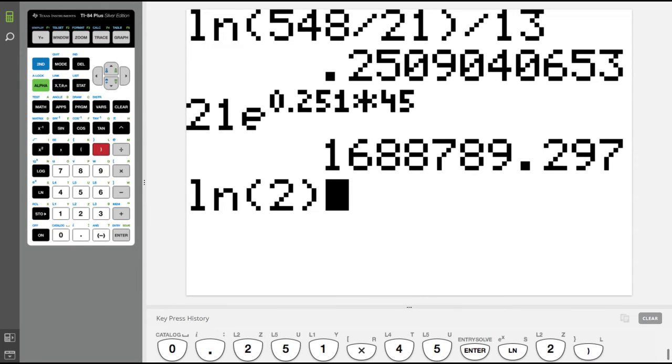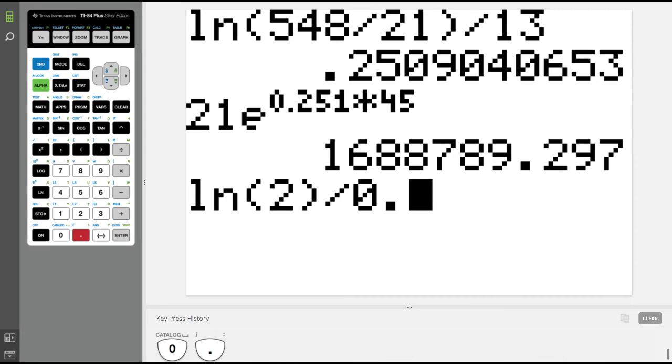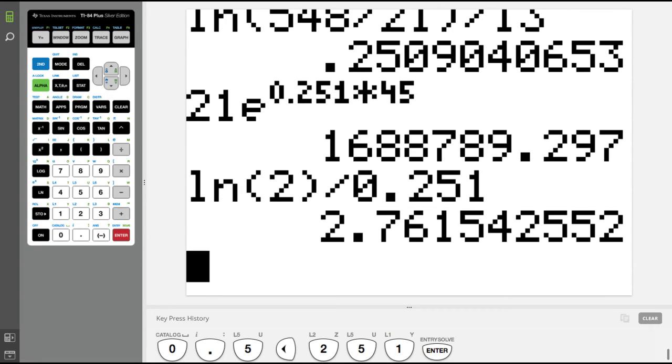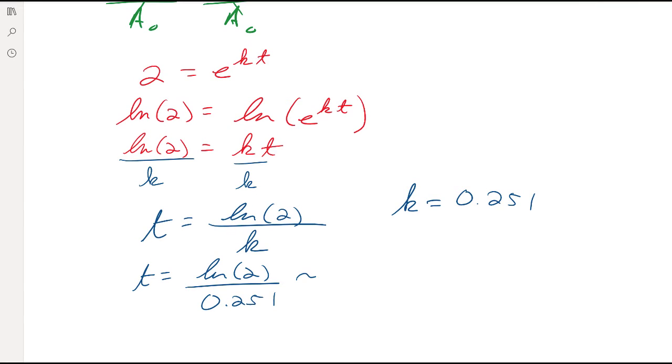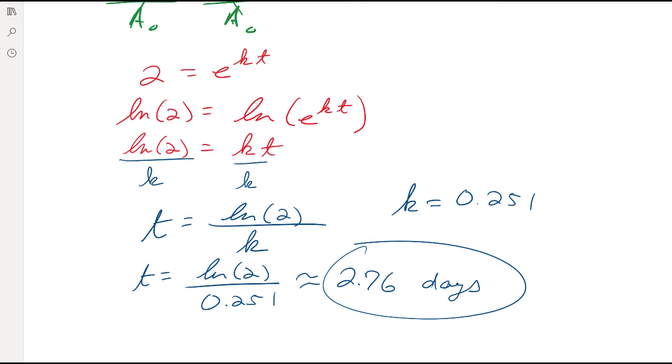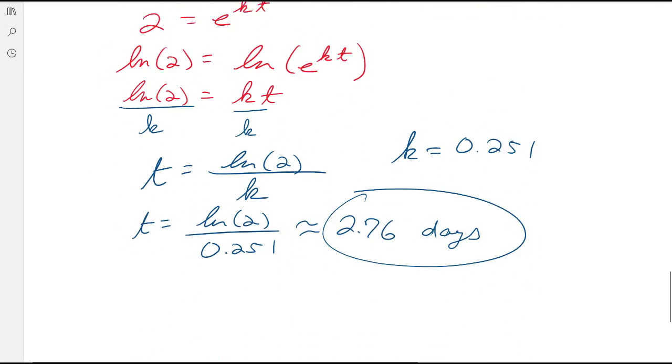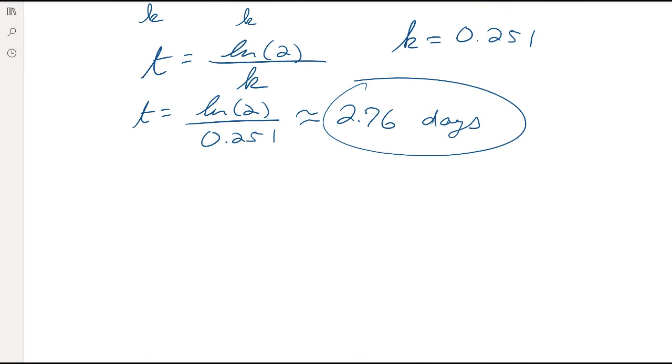And there we get 2.76. Remember, our time scale is days. So it took about 2.76 days for this population to double from 21 to 42. It took no time to do that. All right. Is there another part here? Okay. So that should get you through that type of question.